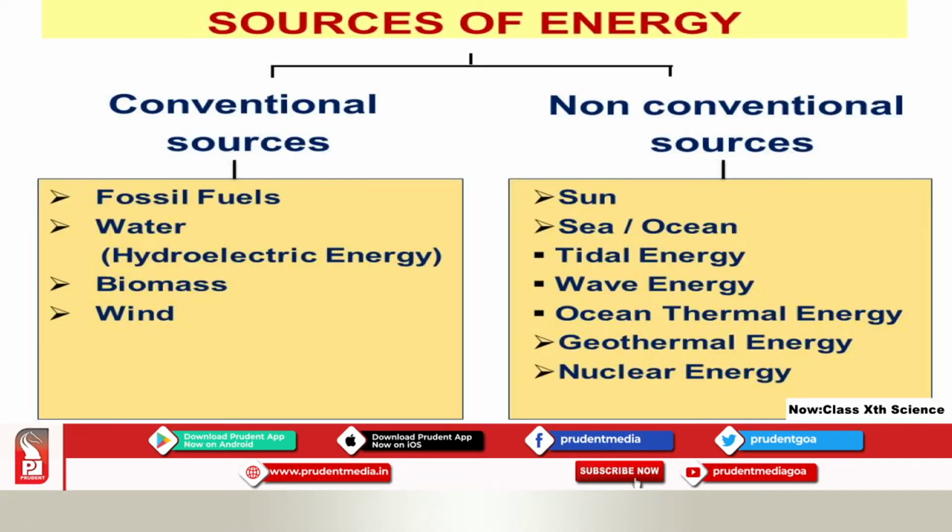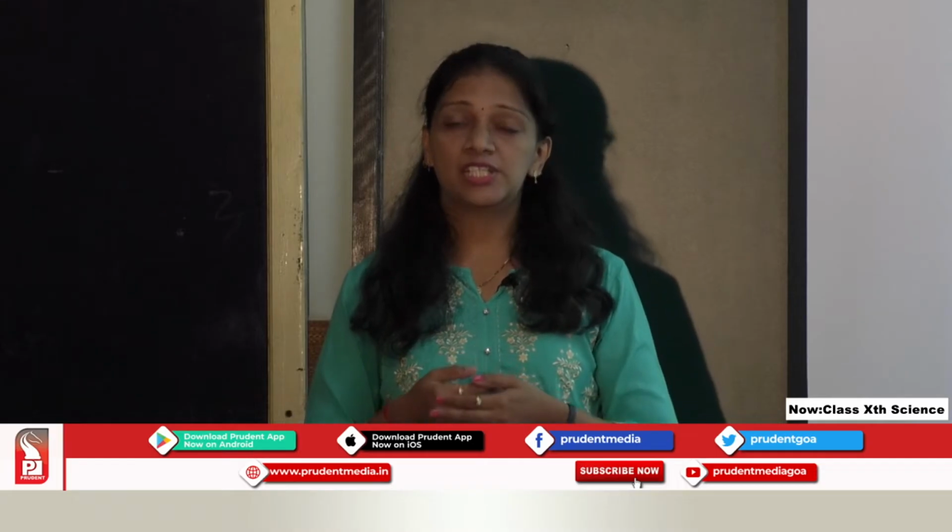Now, let us go further for the sources of energy and let us know more in detail about this. Basically, these sources of energy are categorized into conventional sources and non-conventional sources. Now, what are these conventional sources? Conventional sources are the sources which are already familiar to all of us.